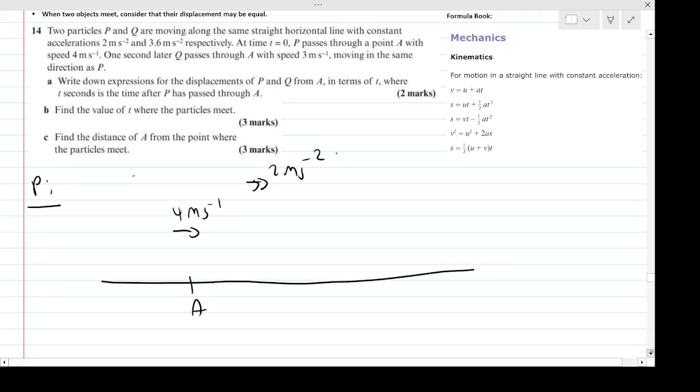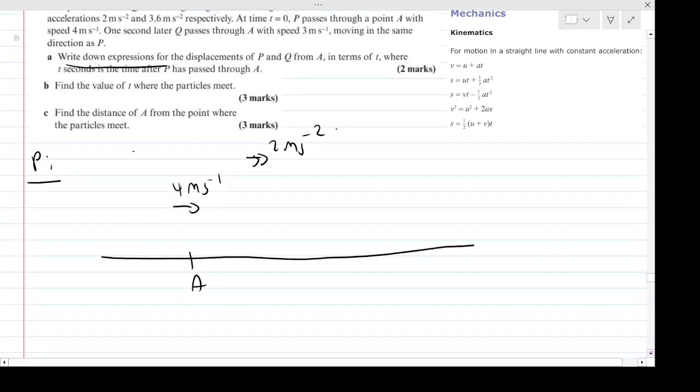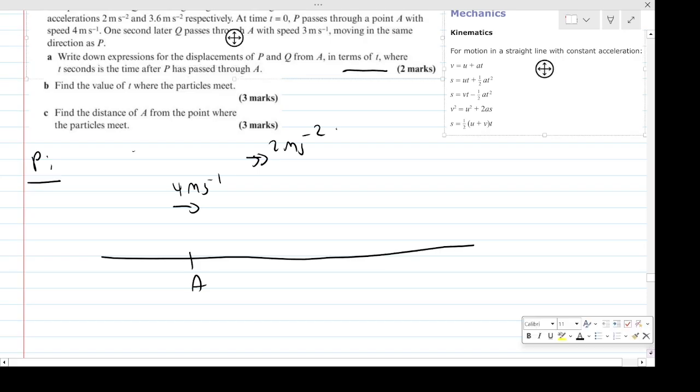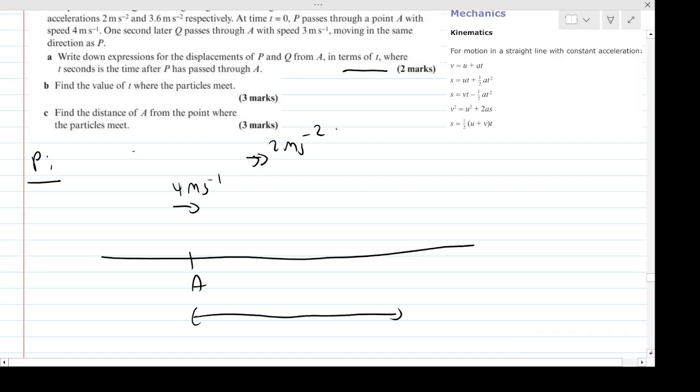Right. And it's saying for part A to write down an expression for the displacement, okay? In terms of t, so the time after A. So again, if we have some time at A, and time t, and let's say it's at this point here, away from A, it has a distance of displacement.